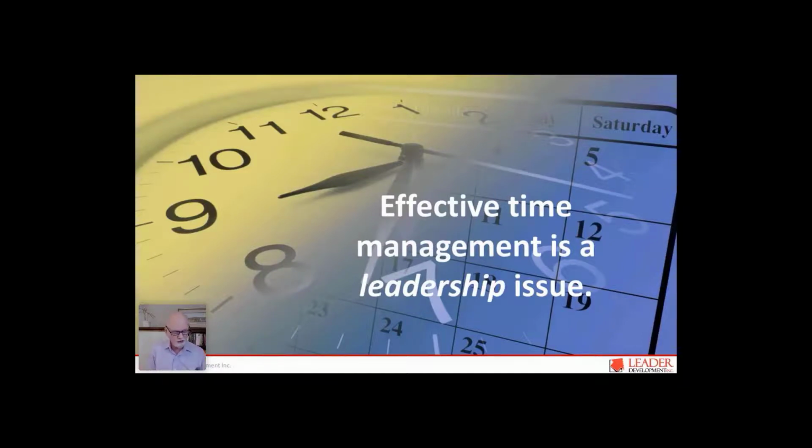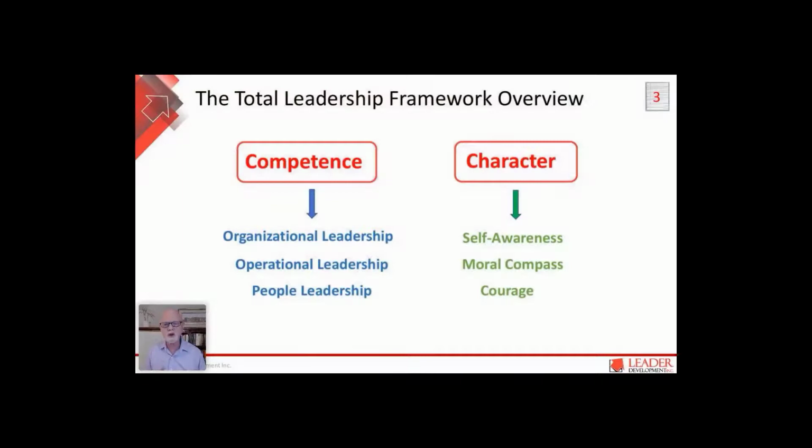Well, let me give you a few thoughts. Let's think of it in terms of a couple of ways that we can look at leadership. Leadership can be boiled down to a couple of key ideas: competence and character. Everything about leadership falls into those two. Now, in terms of character, we know self-awareness is a huge thing. Great leaders out there have tons of self-awareness.